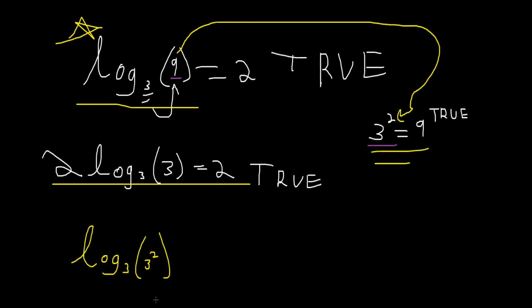That's why I put this here instead of the 9 we had before. I'm writing it as 3 squared for a very specific reason. With that in mind, we know that equals 2. We also know that 2 times log base 3 of 3 is also 2. So if this is 2 and that's 2, then we should be able to set them equal to each other. And it just so happens that we can write 9 as 3 squared.